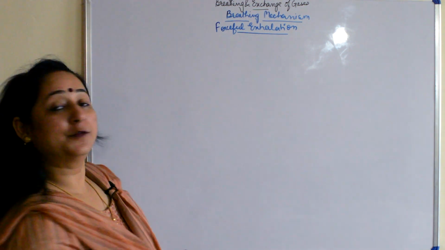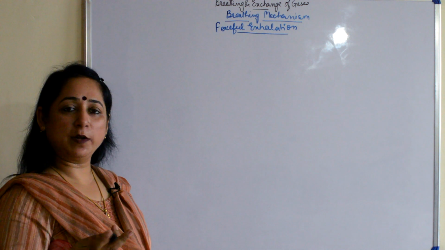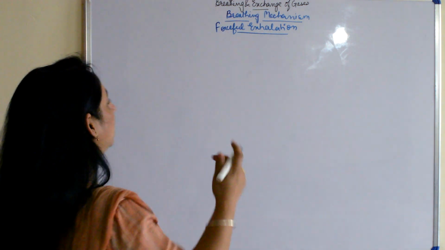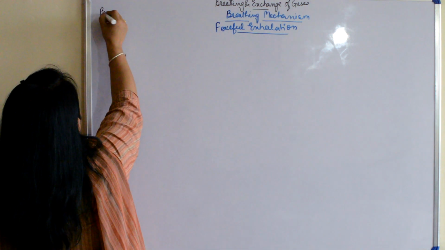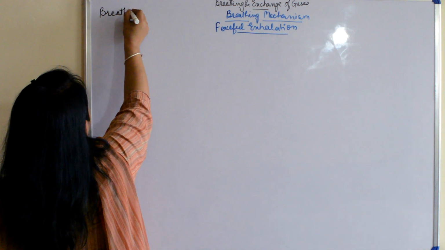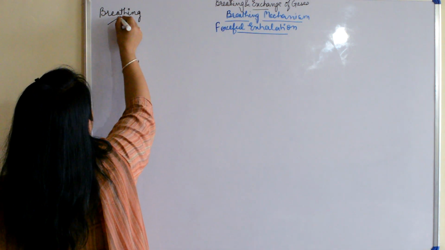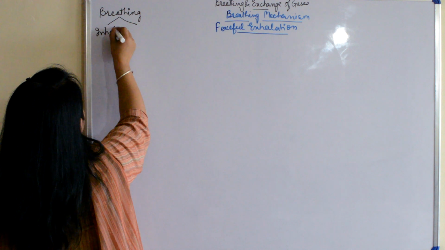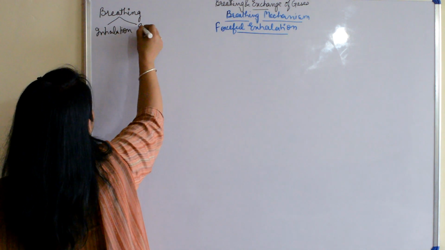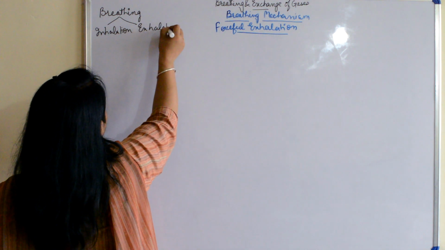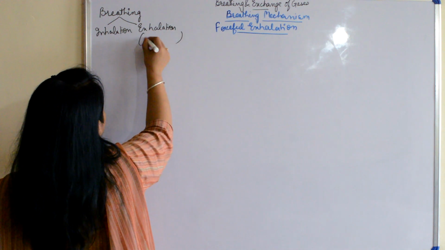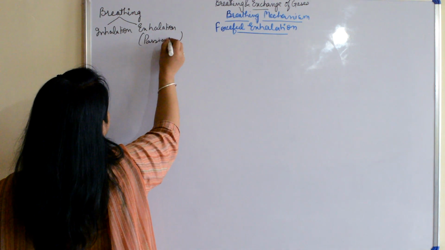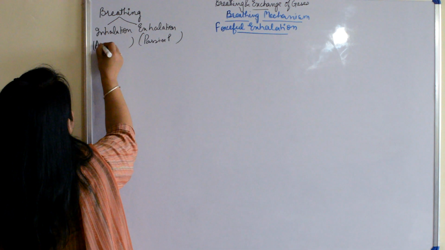Let's start. Forceful exhalation. Now before we start, let's recapitulate what we've done in the last video. Breathing involves inhalation and exhalation. Exhalation is a passive process and inhalation is an active process.